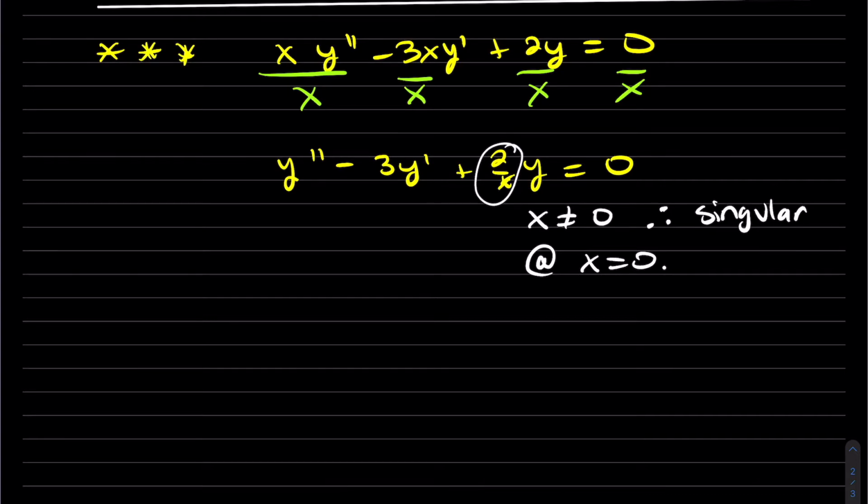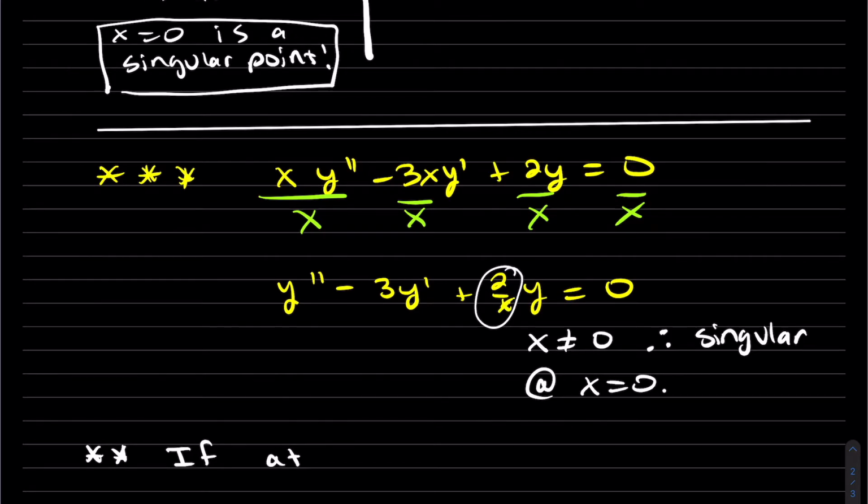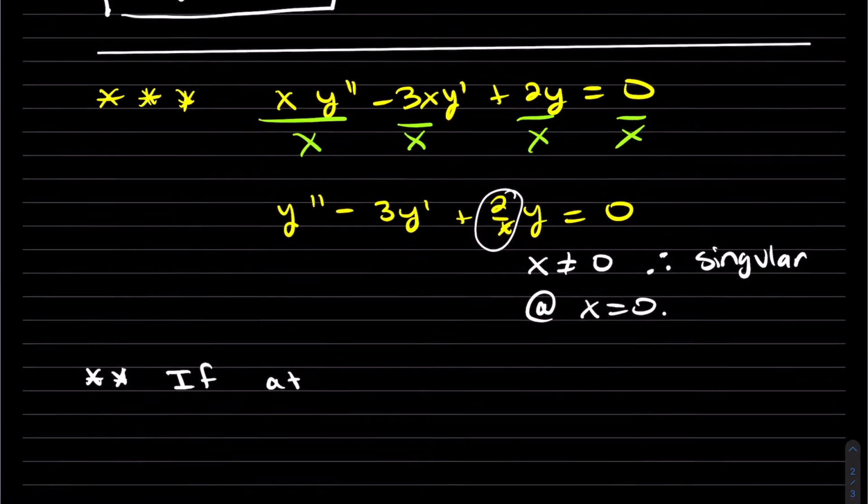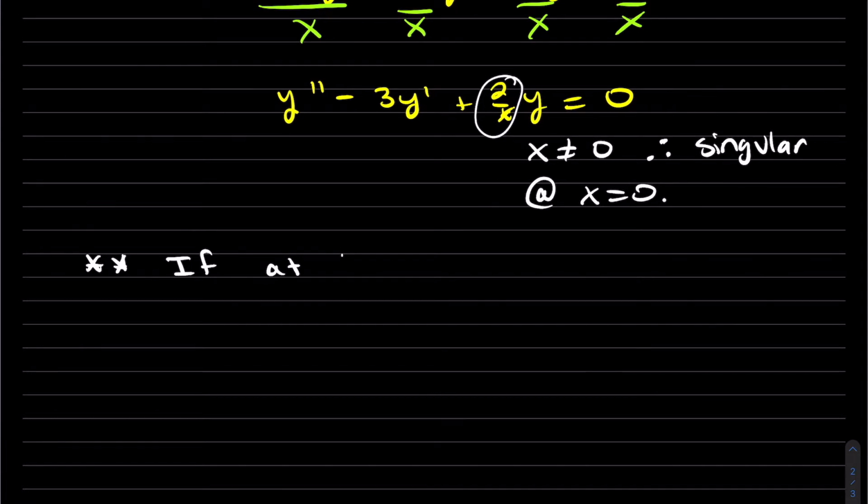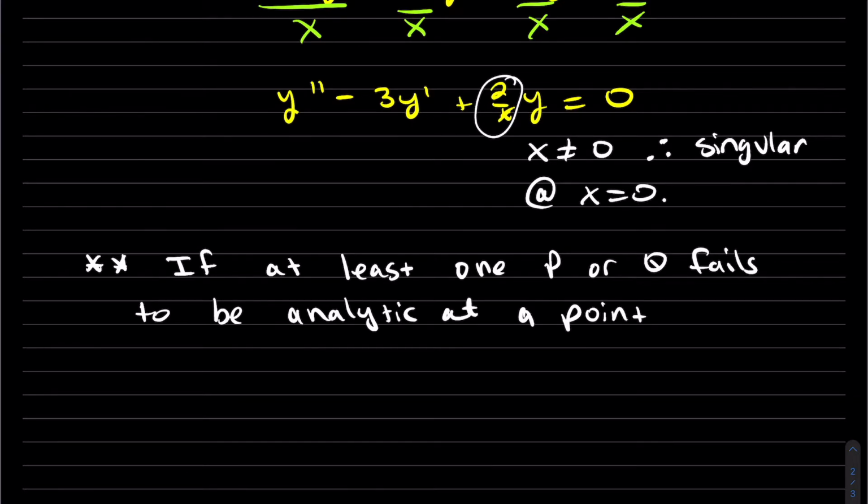To clarify, we can see it can happen with p or q. It doesn't matter which; if at least one of p or q fails to be analytic at a specific point x naught, that is a singular point.